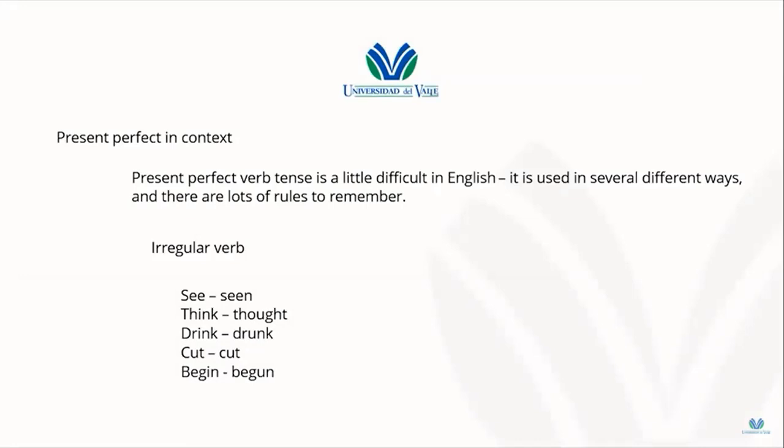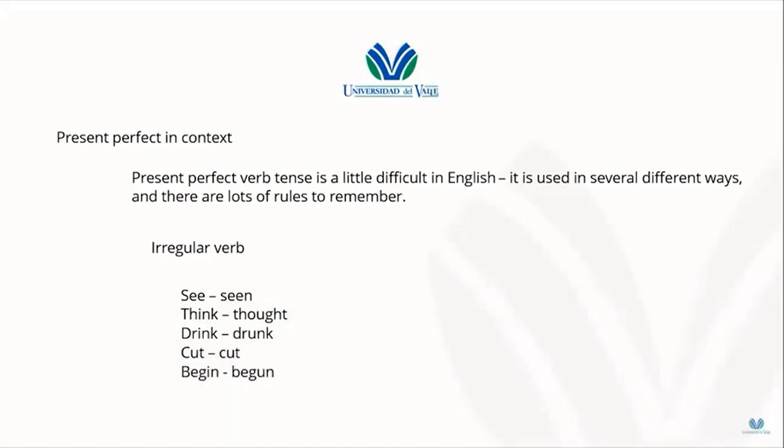Verbs where the past and the past participle are the same. For example, think, thought. Verbs that end in -unk, for example, drink. Verbs that are the same in present, past, and past participle. For example, cut.